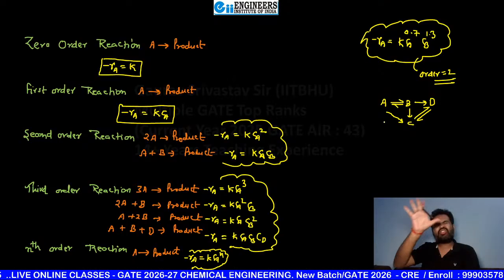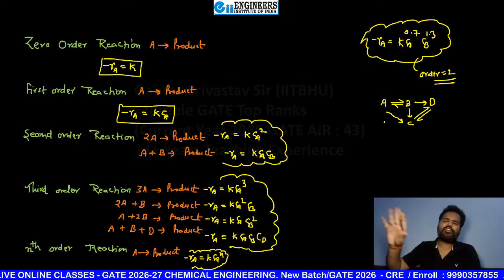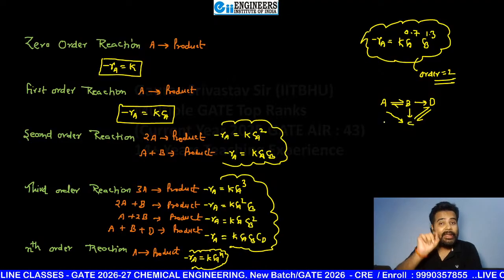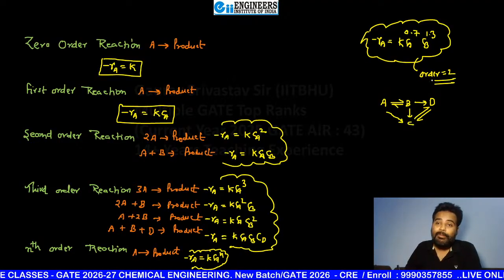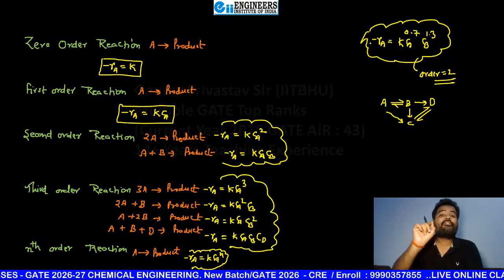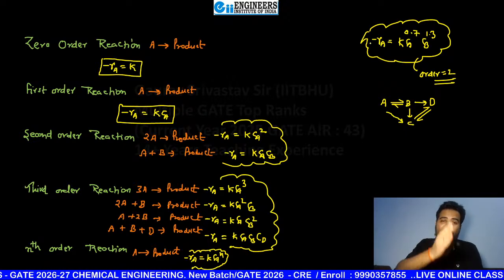So lots of possibilities. Every type of possibility I will discuss in a detailed manner, but you will be able to solve these complex types of things only if you feel perfect in these initial topics.